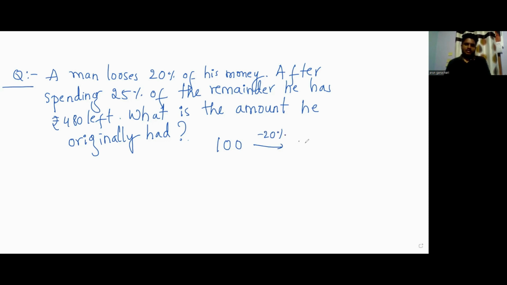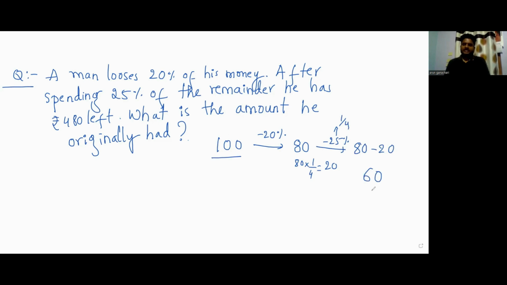Yes or no? And in that 80, he's spending 25% of this remainder. So what is 25% of 80? We have to find 1 by 4. What is 1 by 4 of 80? 20. So I have to subtract 80 minus 20. That is 60.